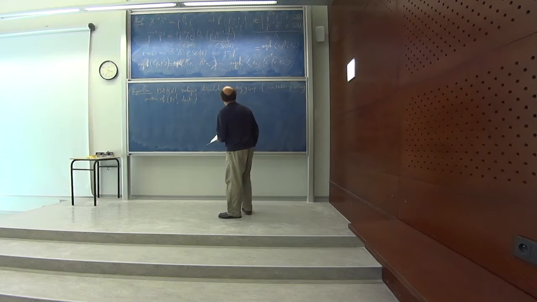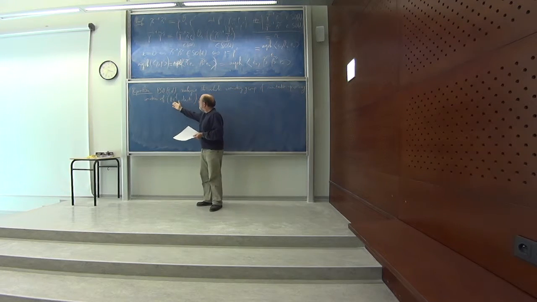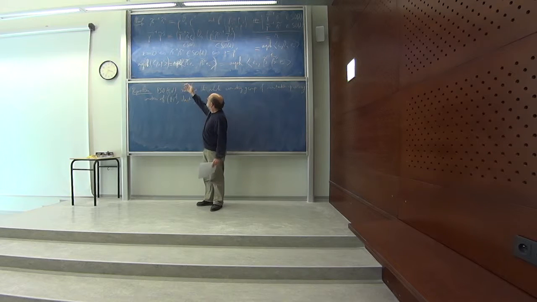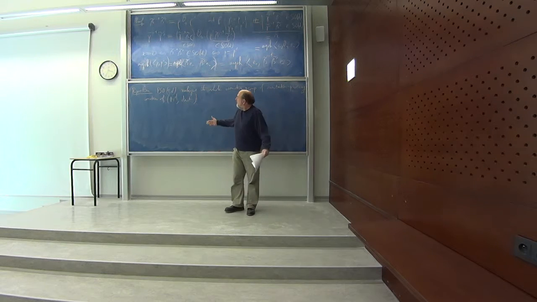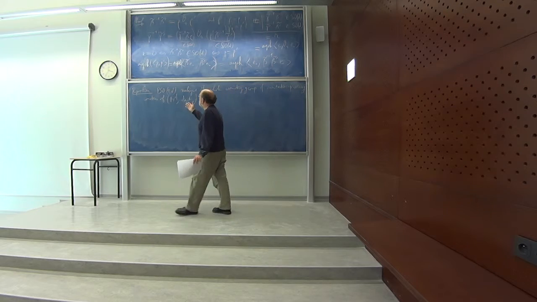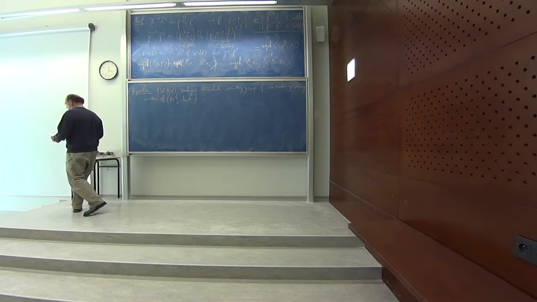So usually this isometry group is called the Möbius group, and this is hence the same as the Lorentz group. They are isomorphic.